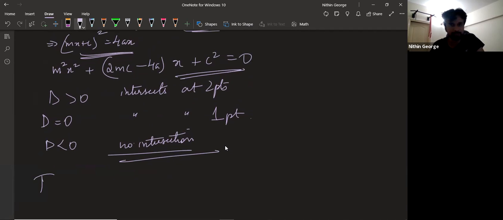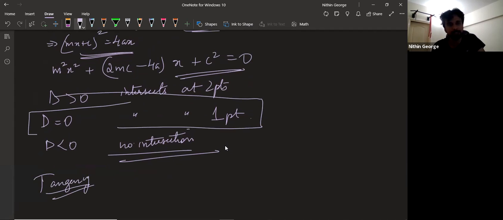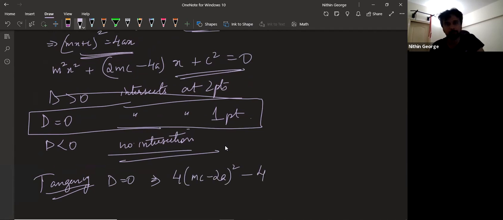Now, for tangency, what is the condition? It should intersect at 1 point, which means D is equal to 0. Okay, for tangency, D is equal to 0. Let's find the condition. D is b square minus 4ac, which is 4 into (mc minus 2a) the whole square minus 4 into m square c square, and this should be equal to 0.